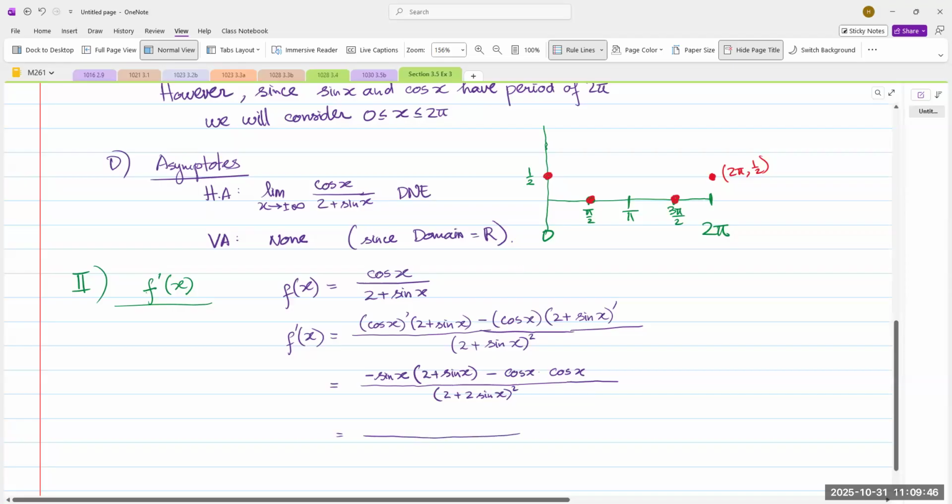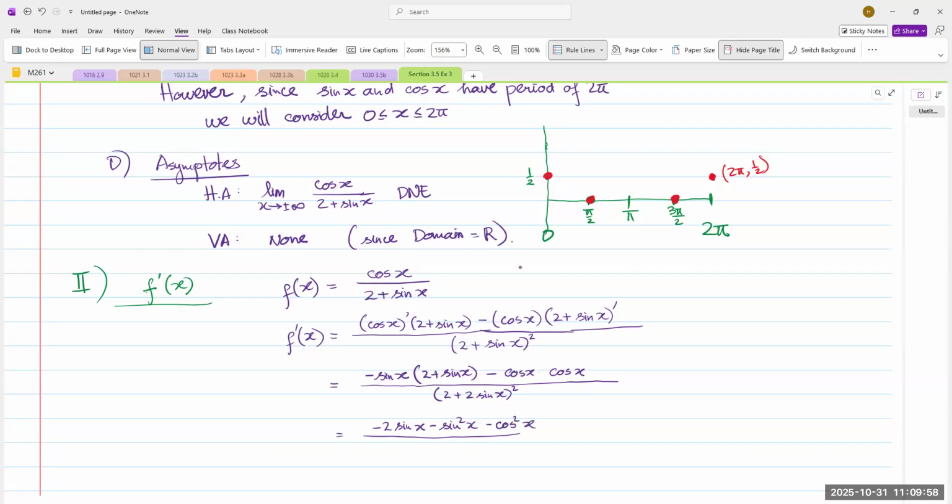So on the numerator, I have negative 2 sine x minus sine squared x minus cosine squared x. Oh, you know what? That becomes negative 1, right?